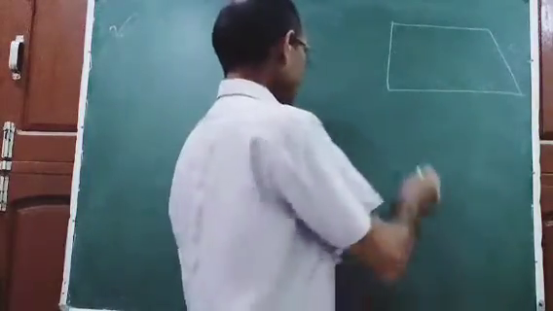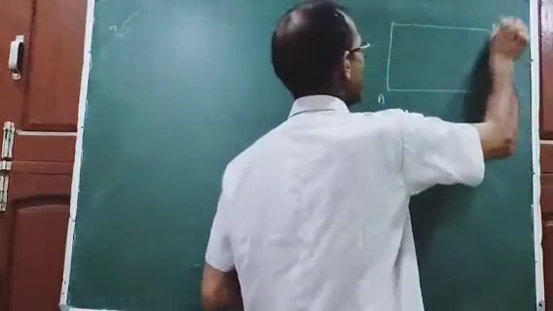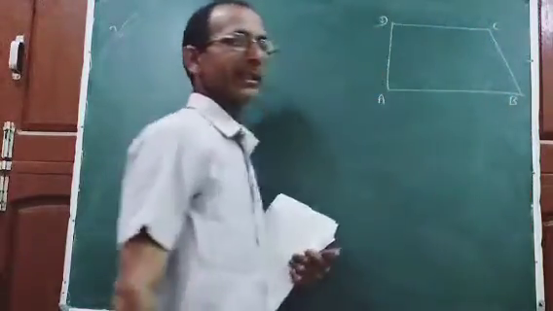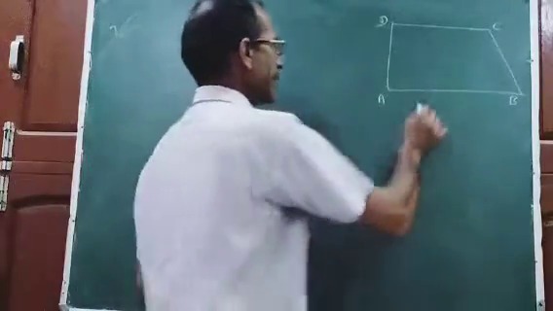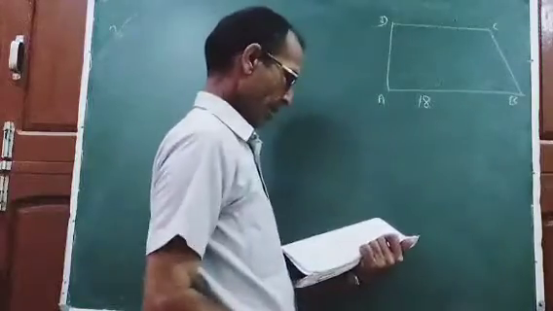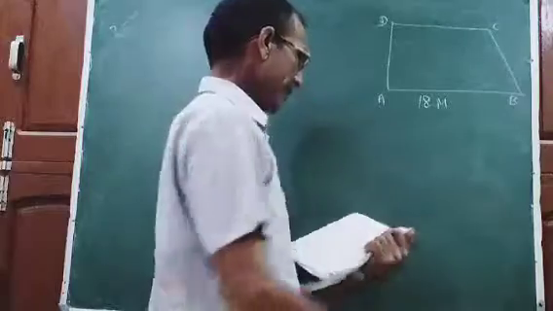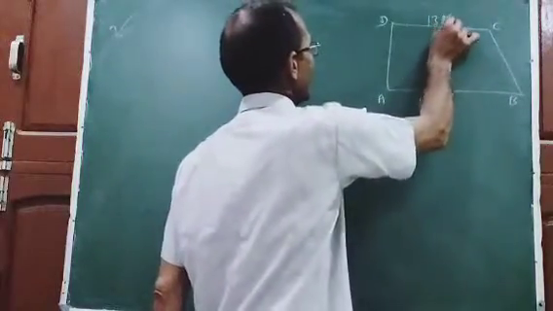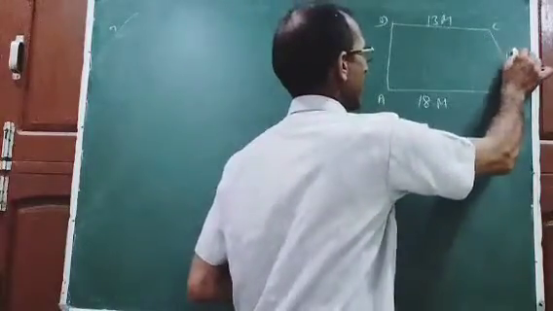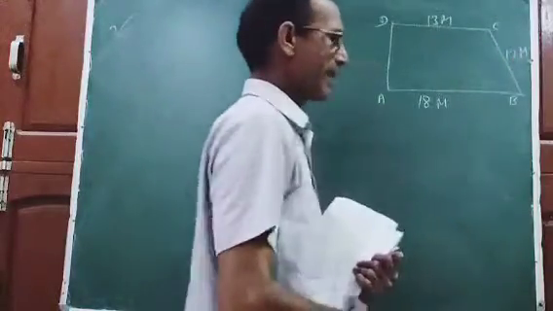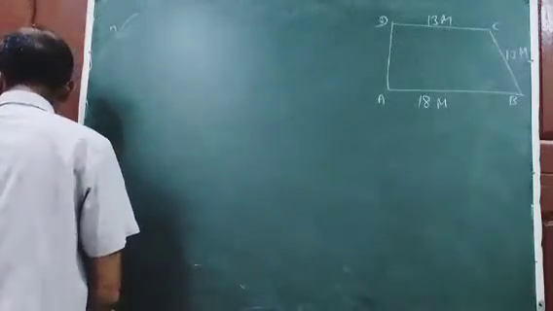ABCD is the quadrilateral. In this quadrilateral, AB is 18 meter, and the length of this non-parallel side is 13 meter. One non-parallel side is given. So we have to find the area of this quadrilateral.